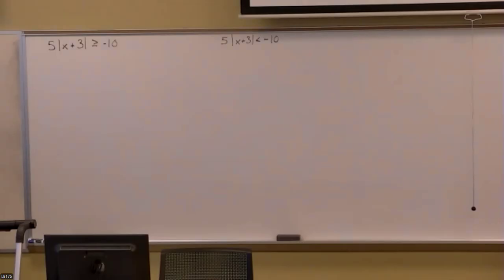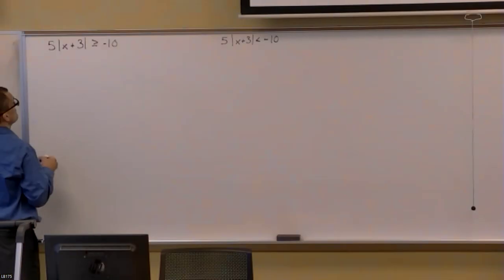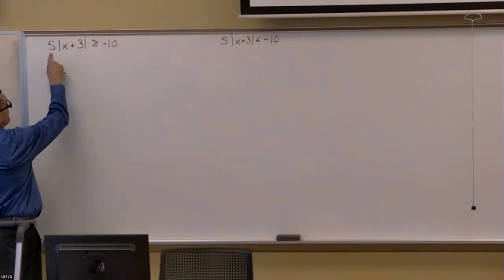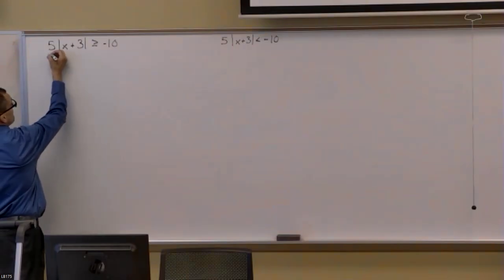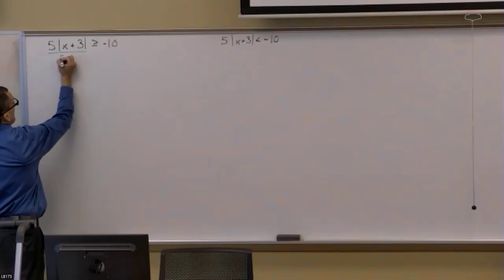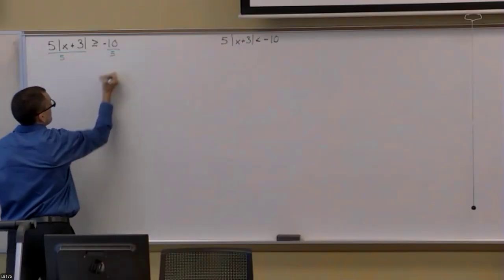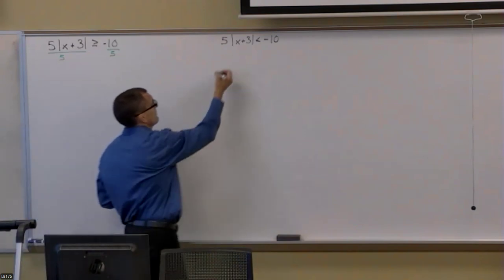So for both of these, I would start out by getting rid of this coefficient in front of the absolute value. I would divide both sides by 5. I'll do that over here as well.